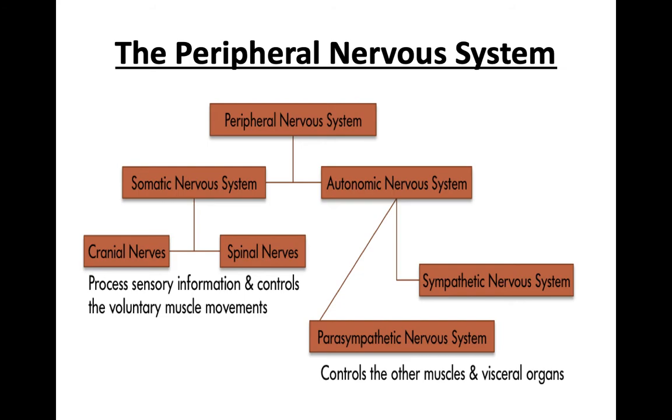The sympathetic and the parasympathetic nervous system work together to arouse our body and then to calm it back down. So the sympathetic nervous system is often known as the fight or flight system.